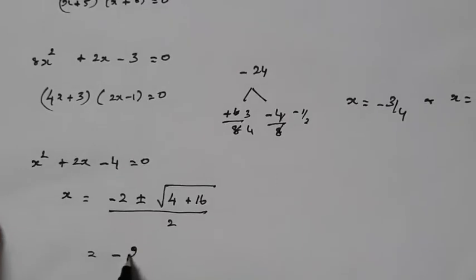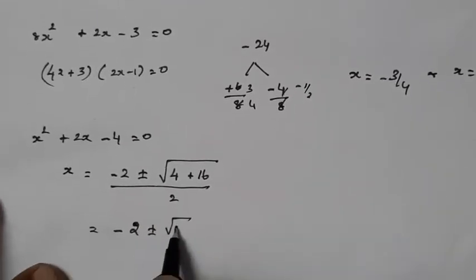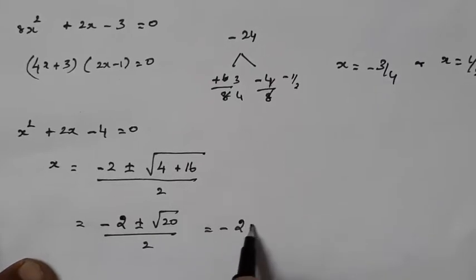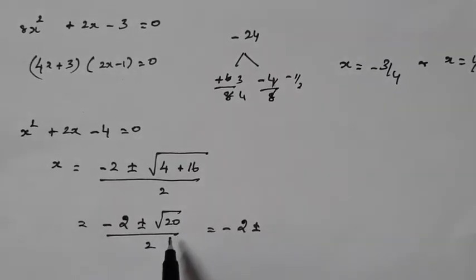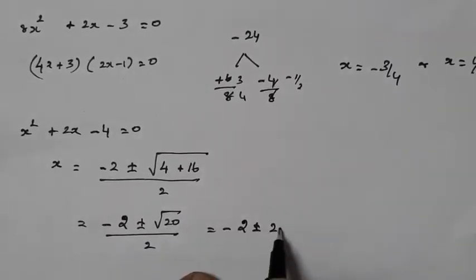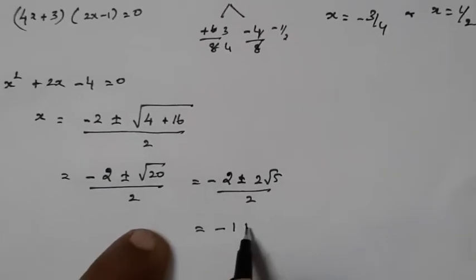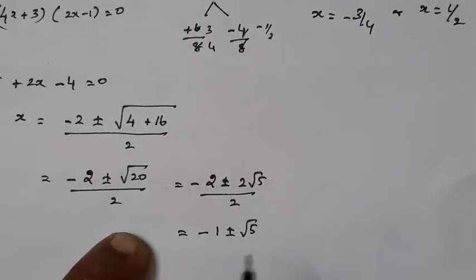So minus 2 plus or minus root of 20 divided by 2, and 20 can be split up as 4 into 5. So it is 2 root 5 divided by 2. So it would be minus 1 plus or minus root 5, okay.